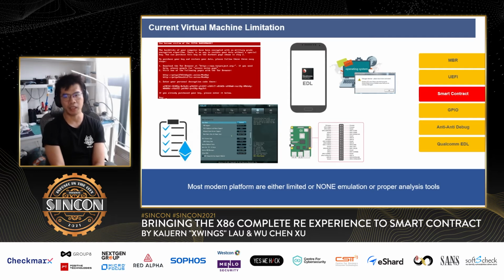Like Qualcomm's EDL, if you wanted to do emulation with instrumentation, it's totally not possible. UEFI is one of the pains for reverse engineers. We are talking about bootloaders, anti-debug, and master boot record. And of course, the topic today is that we're going to focus on smart contracts.